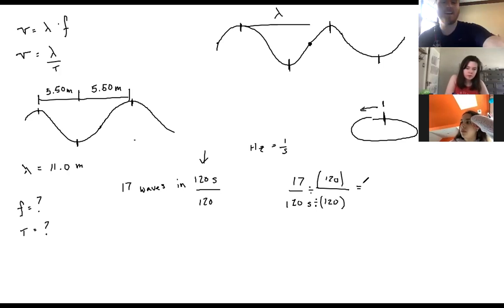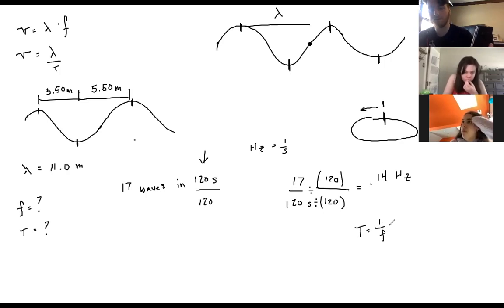And what that is going to give us is, if I pull out my handy dandy calculator, 17 divided by 120, I need 2 sig figs, should be 0.14 hertz.